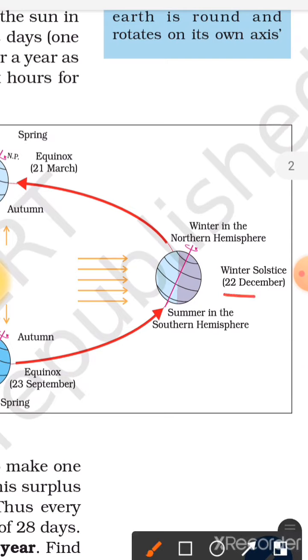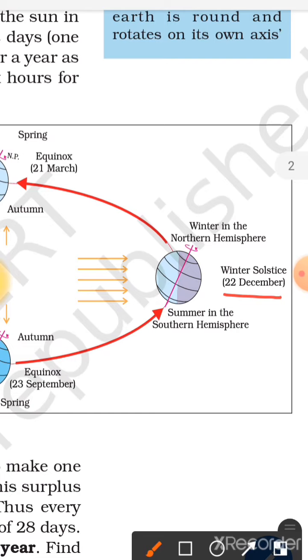Now the second position we can see here is exactly opposite, at the 22nd of December. You can see at the 22nd of December the northern pole has tilted away from the sun, and the south pole has tilted towards the sun. So the sun rays directly fall on the Tropic of Capricorn. So the places in the southern hemisphere feel the summer season at that time, and exactly opposite, the places in the northern hemisphere feel the winter season.